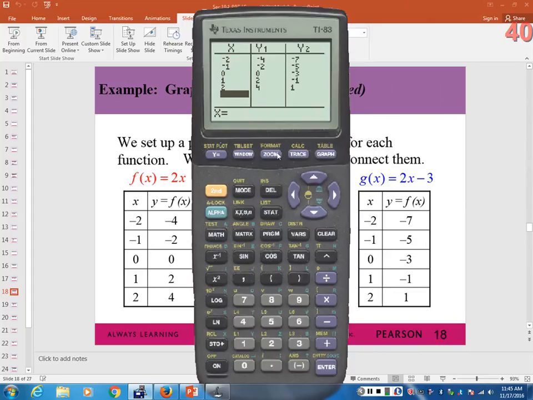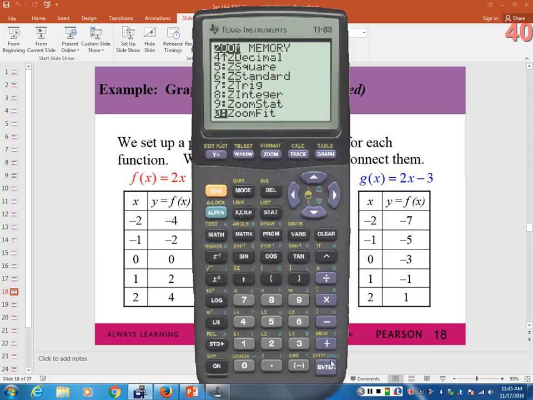You could also on your calculator find a graph. Since we're only going from negative 2 to 2, we'll just set the window up to go from negative 3 to 3, and use Zoom Fit, because I think I've taught you how to do that before.